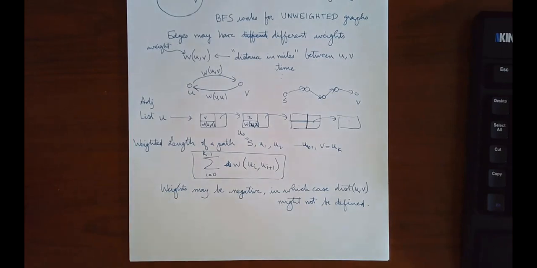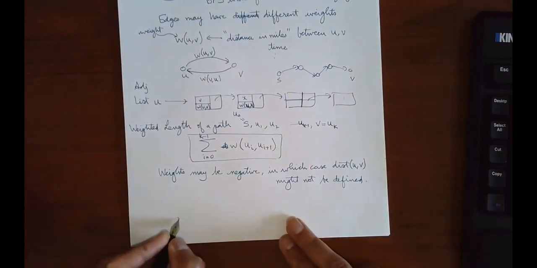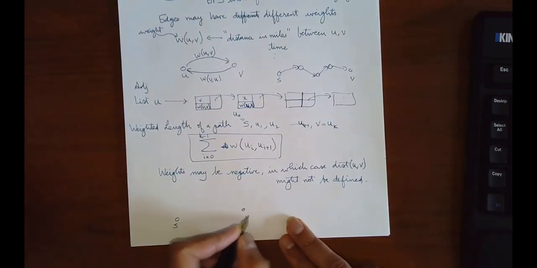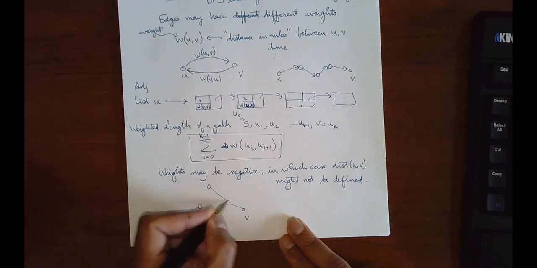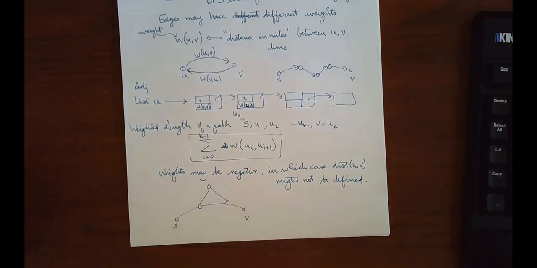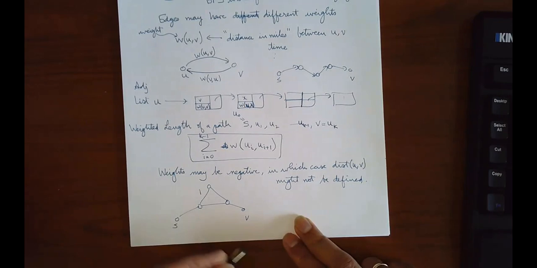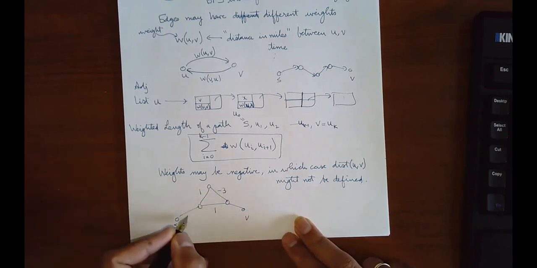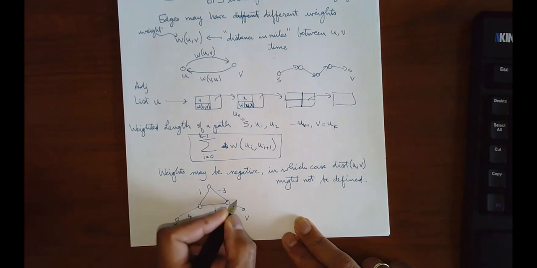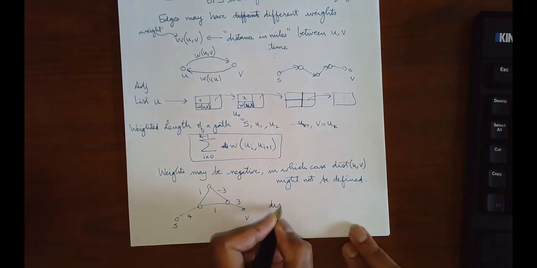You think that you always have a notion of a shortest path, but suppose I have this graph over here. We could even consider this graph to be undirected. And so I have 1, -3, 1, 4, 3.